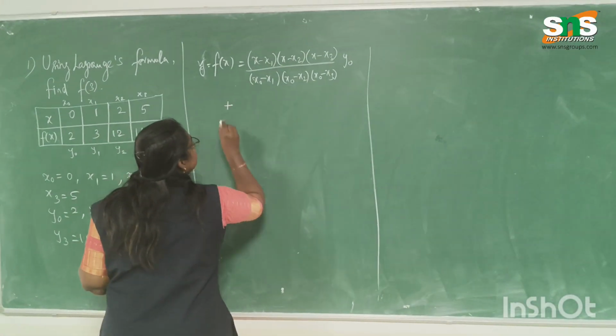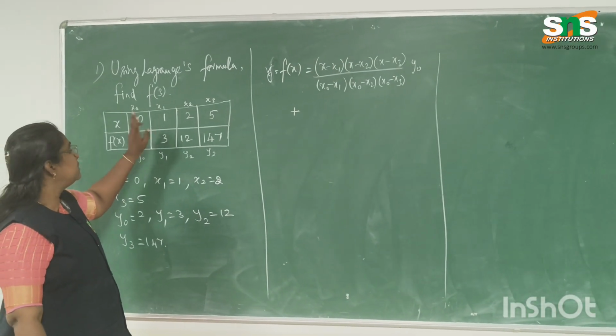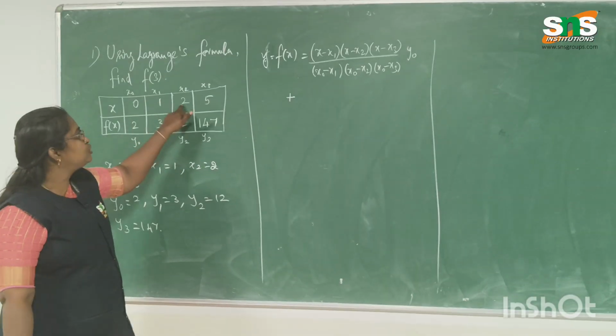For the second term, we consider x1, so the remaining 3 values are x0, x2 and x3.